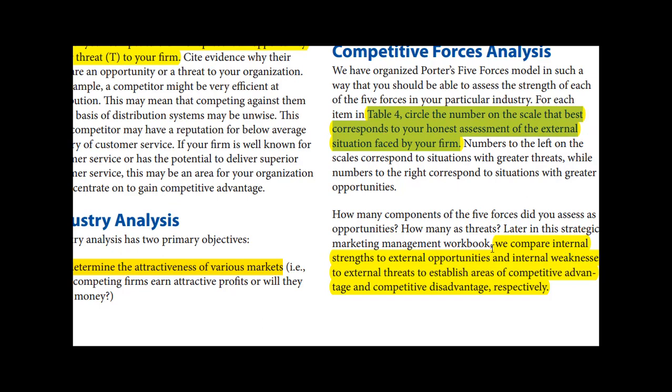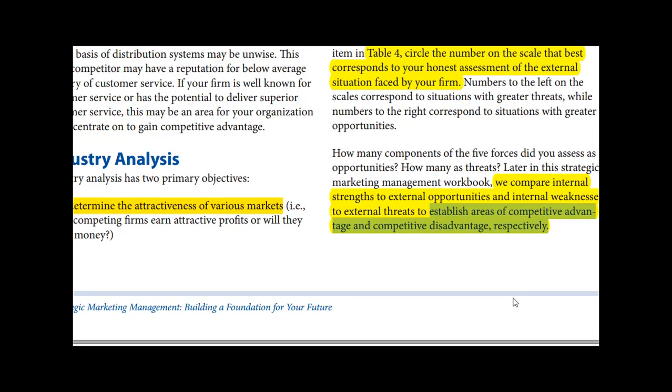By completing this, we compare internal strengths and external opportunities for the company and establish areas of competitive advantage and competitive disadvantage for the firm. And thus our aim is completed, in which we talk about how we can address certain things for the company.